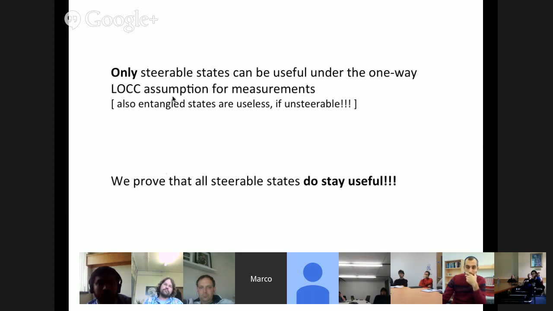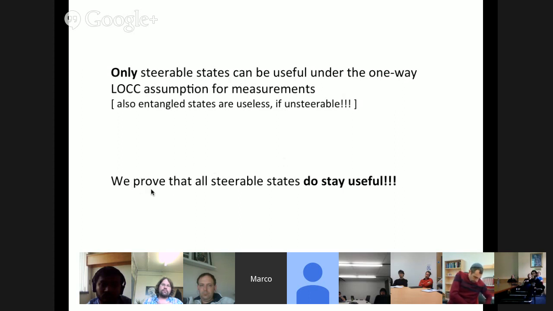And notice that this applies also to entangled states as long as they are unsteerable. So again, with global measurements, all entangled states are useful for subchannel discrimination, but when we impose the constraint, some of the entangled states are not entangled enough to be useful.